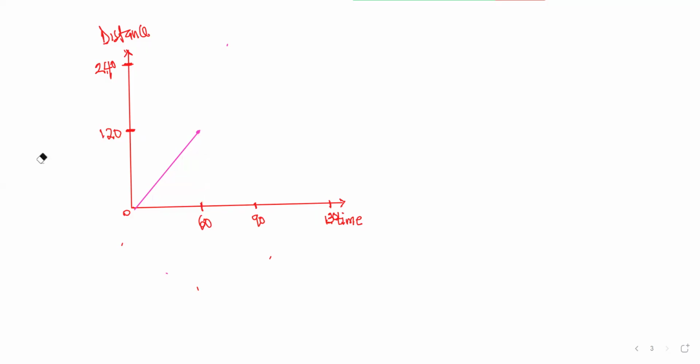Good. Then when she got there, she talked to her friend for 30 seconds. Within the 30 seconds, Jill was stationary, so it must show 0 slope. This is the point where the conversation ended.